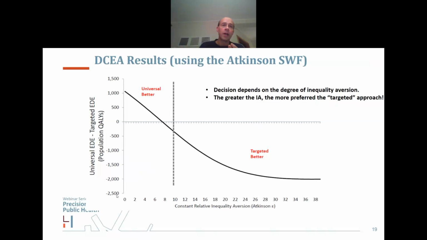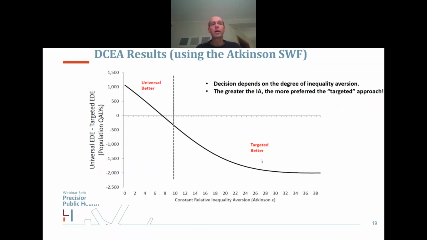And we see that, of course, the lower the inequality aversion, so the less we dislike inequalities, the more preferred universal approaches are. But then once we exceed a certain level of inequality aversion, the targeted approach becomes the preferred one. So this is just a very quick illustration there.